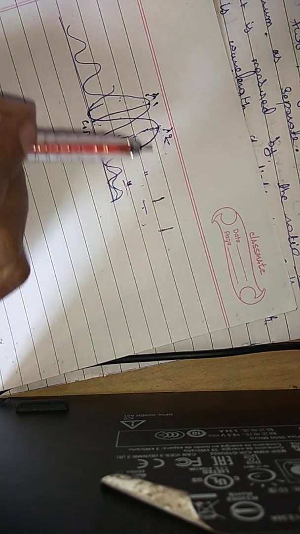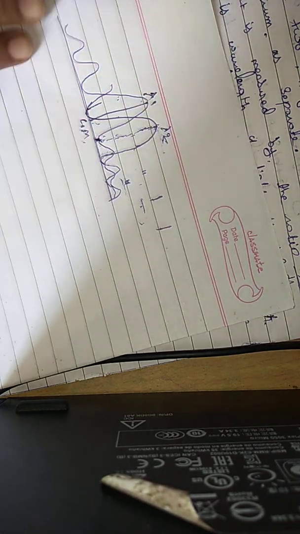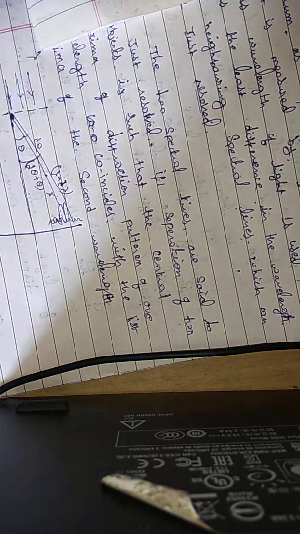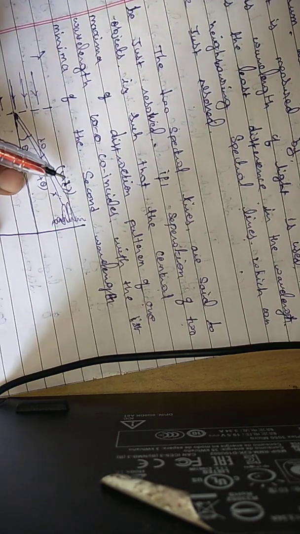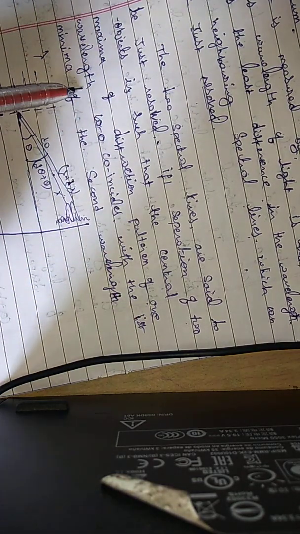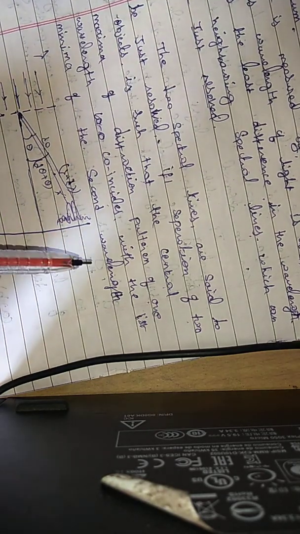We observe two distinct separate lines only when they are just resolved. That is, we say the maxima of the diffraction pattern of one wavelength coincides with the first minima of the second wavelength.